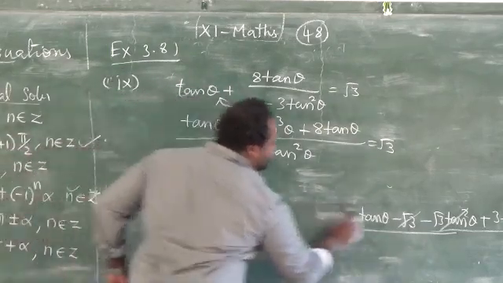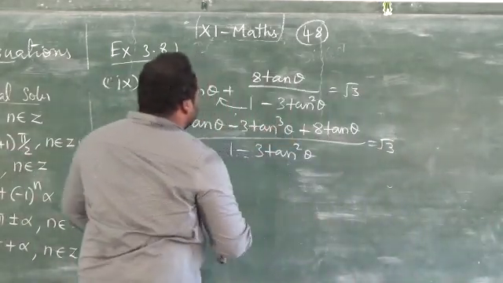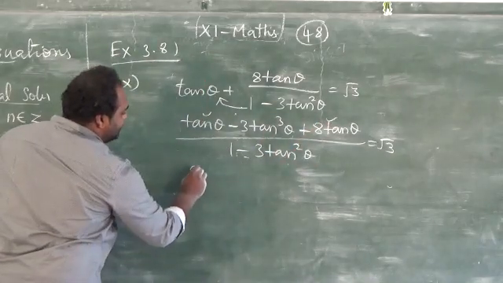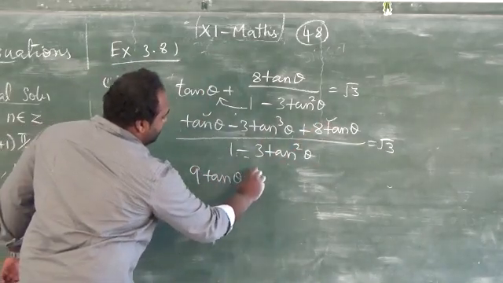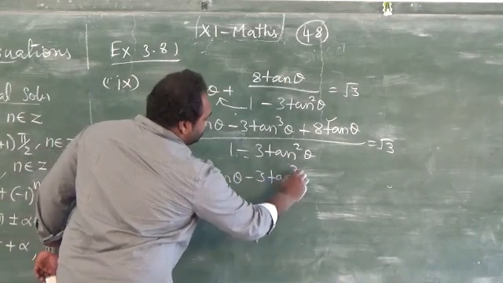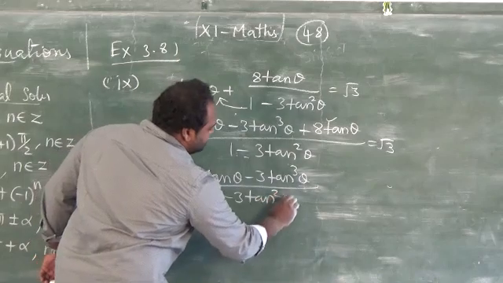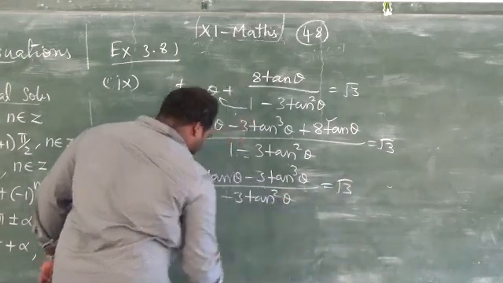So here tan theta plus 8 tan theta, 9 tan theta minus 3 tan cube theta by 1 minus 3 tan square theta equal to root 3.